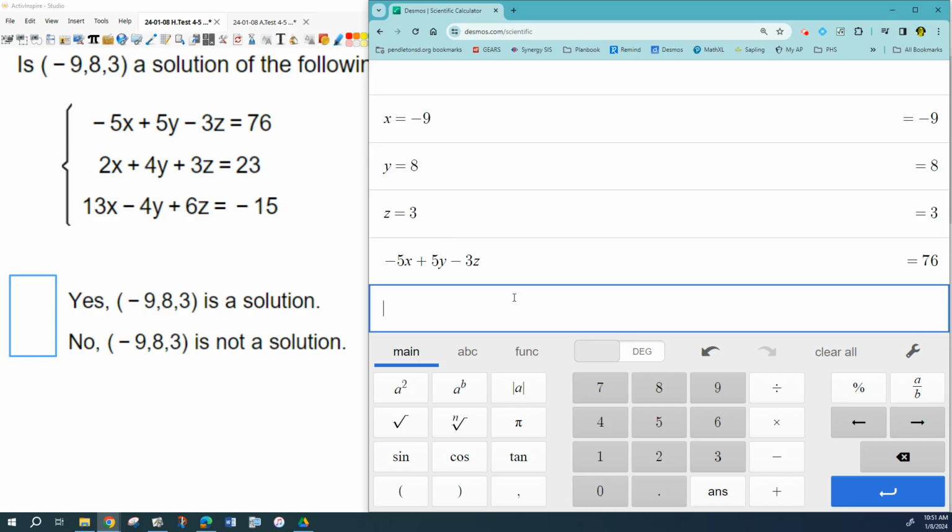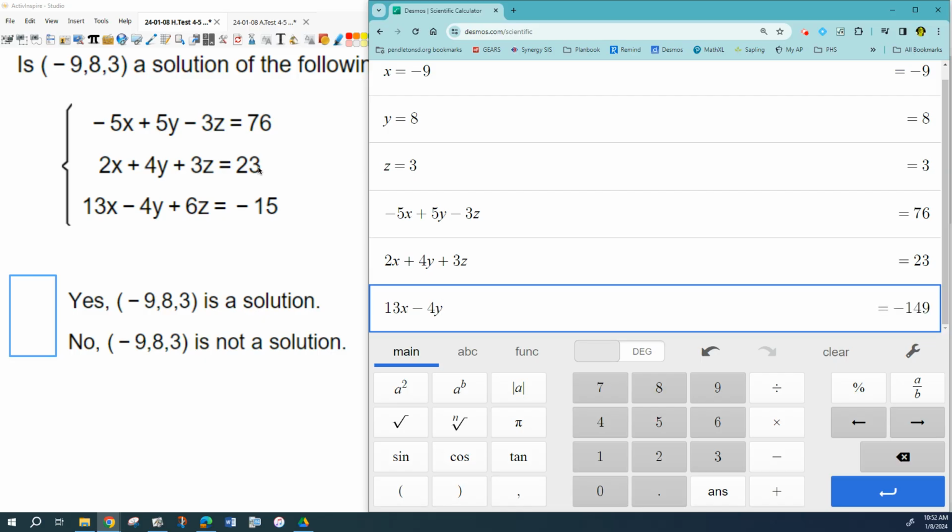So I just go down and do the same thing for the next one. 2x plus 4y plus 3z, and it tells me 23. Okay, so that one checks out. So I go down to the next row and try it with the last one. 13x minus 4y plus 6z, and it tells me negative 131, not negative 15.